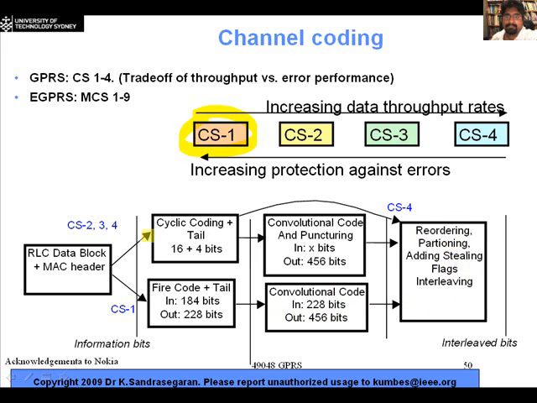If it is CS4, which is the one with the least amount of protection, you might only do cyclic coding. You might even skip the convolutional coding step and transmit it straight away into the different blocks. So depending on the coding scheme that you're going to use, it goes through different amounts of processing before you get to your 456-bit output.